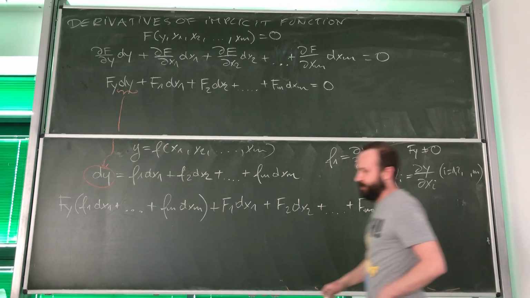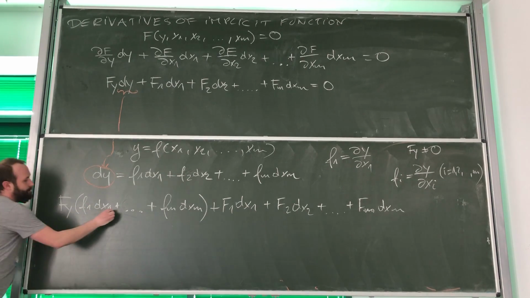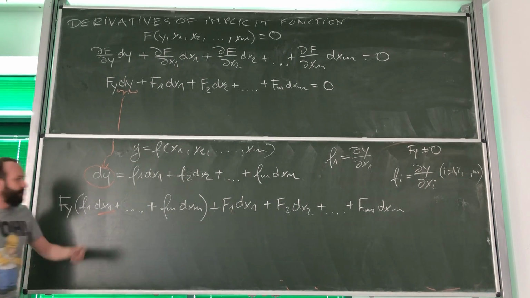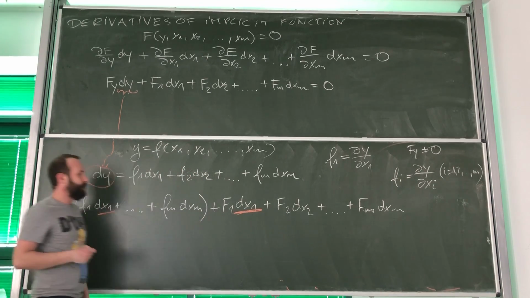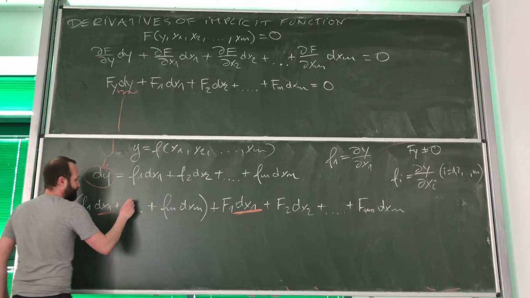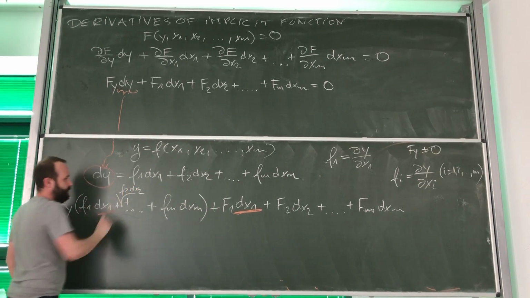And now notice one thing. There is one expression in the parentheses with dx1, and there is one expression with dx1 outside. There would be one expression over here, f2 dx2, right?